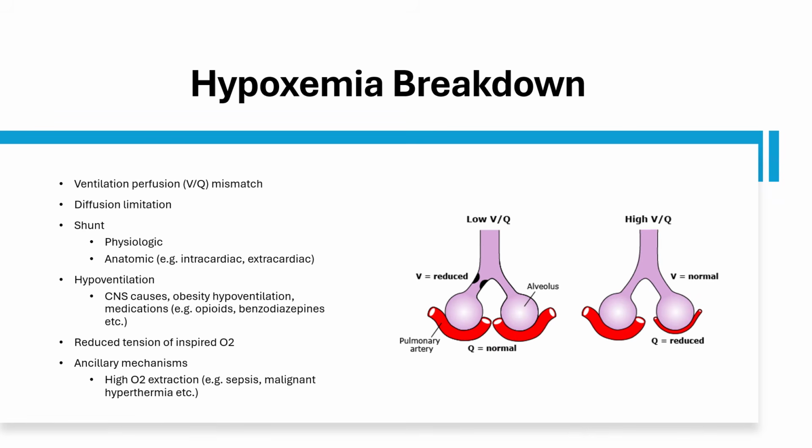Before we go in depth answering the question, it is important for us to remember the causes of hypoxemia, which include ventilation perfusion mismatch, which is usually the most common cause.